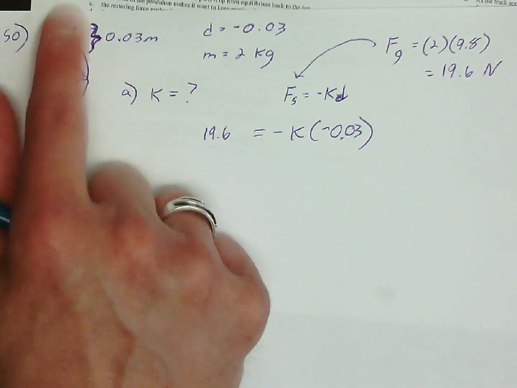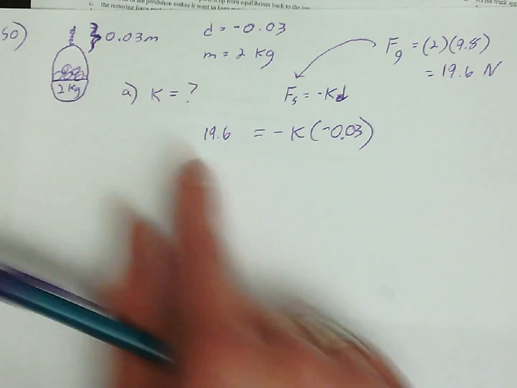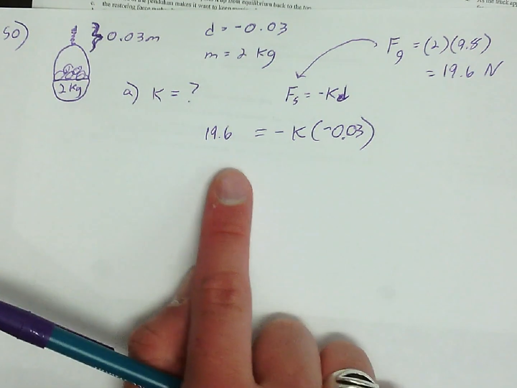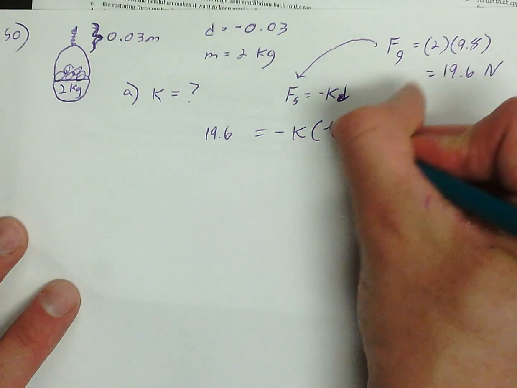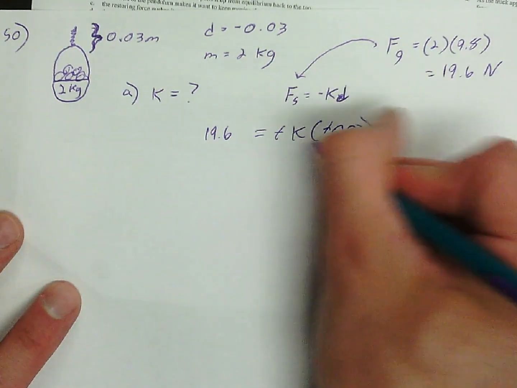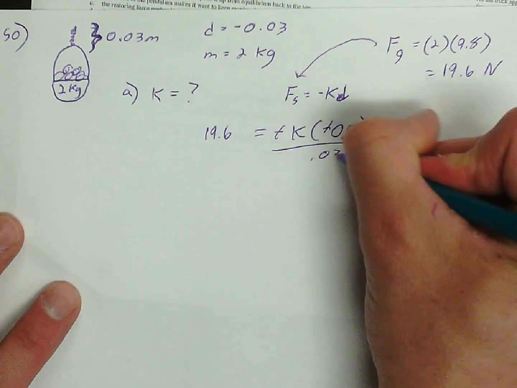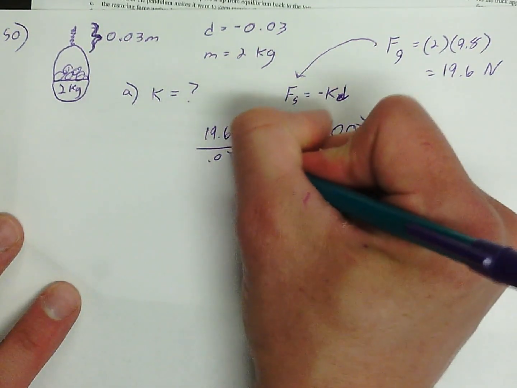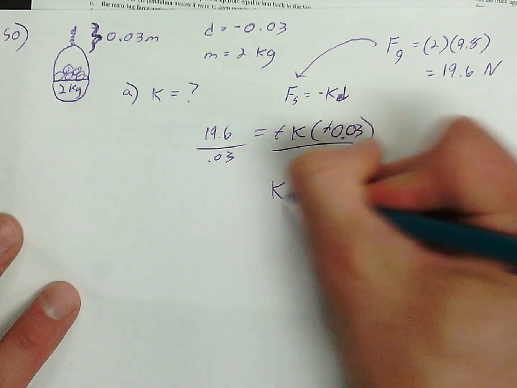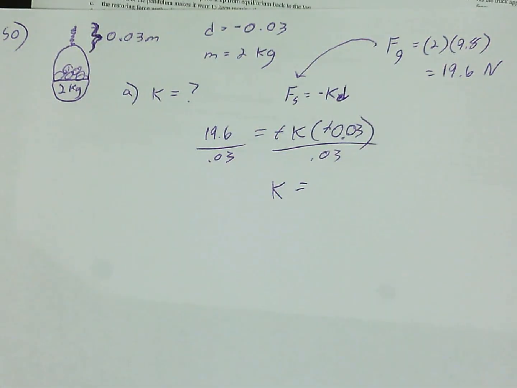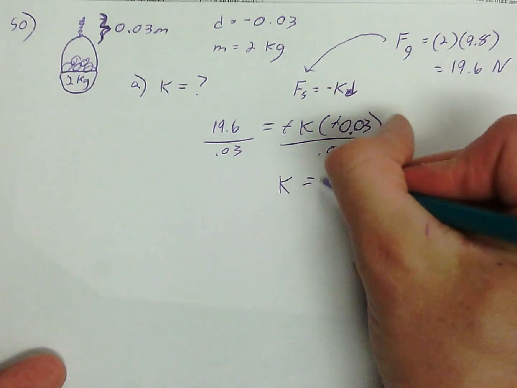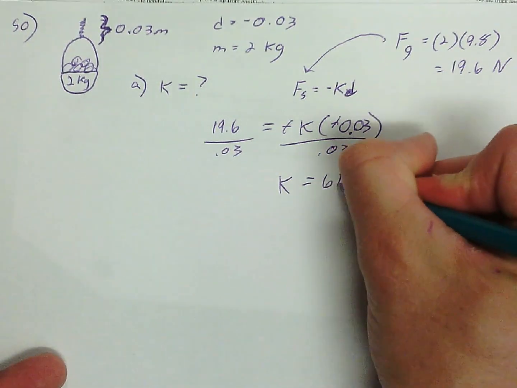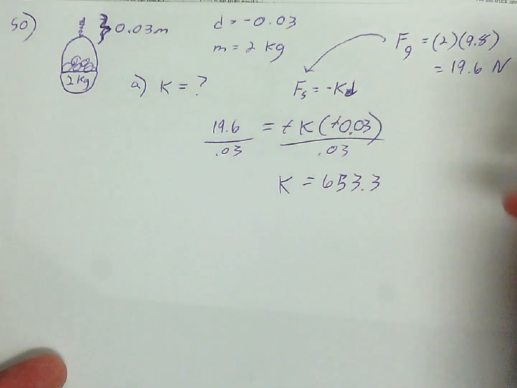And the spring force is up against gravity. That's why it's positive. Okay, negatives are going to cancel. Divide both sides by 0.03, and we get my spring constant to be 653.3.